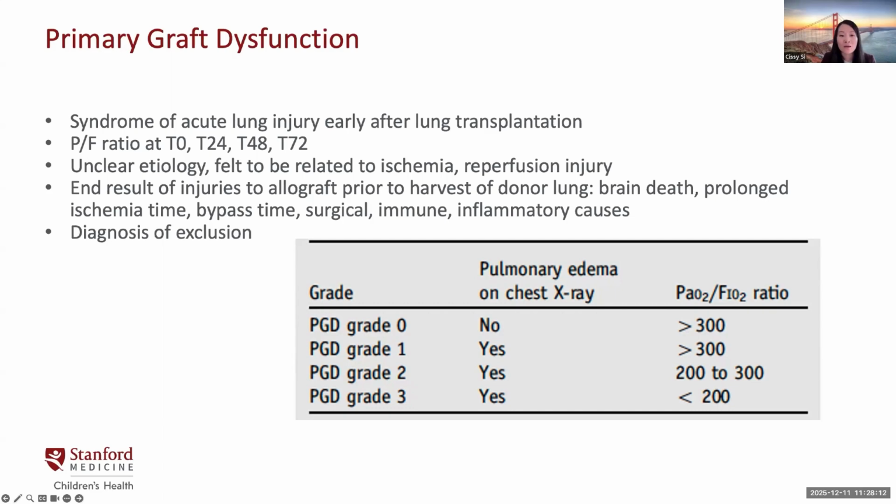There is grading of what primary graft dysfunction is, with the lower P to F ratio being more severe. And ultimately, this is a diagnosis of exclusion, meaning you really have to rule out other things that can make a P to F ratio low, in consideration of early ECMO if this is felt to be an etiology.